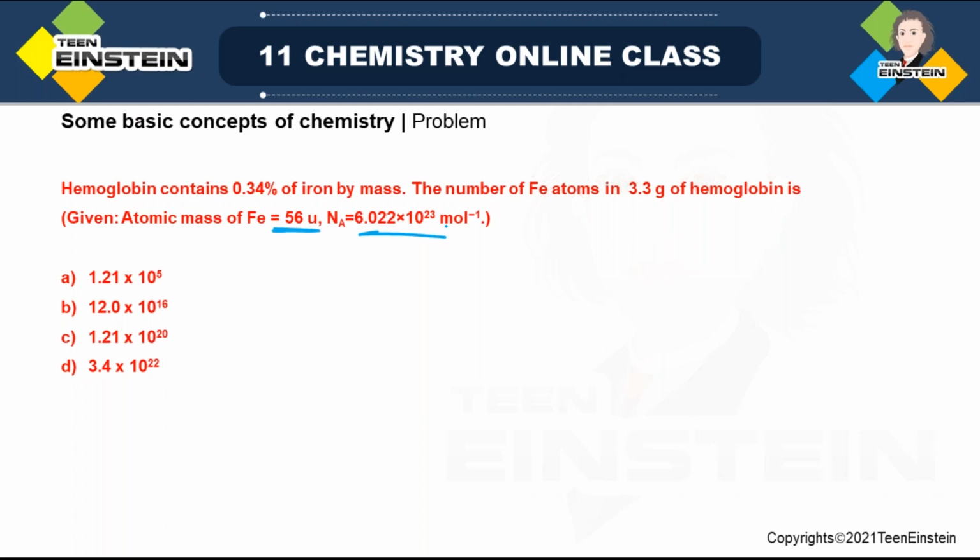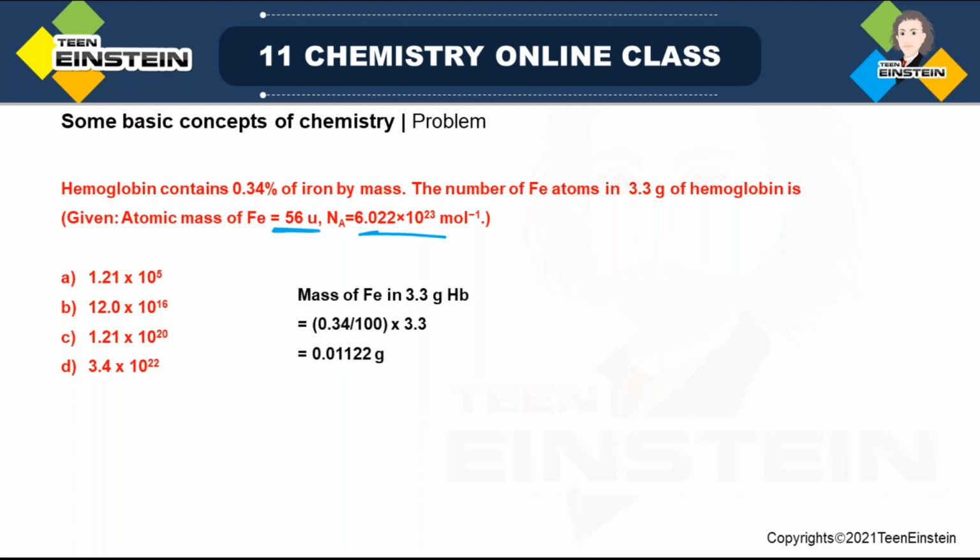From this information, you have to find how many iron atoms are present in this sample of hemoglobin. Fine. 4 different options are there. Obviously, as it is the number of atoms, the numbers are very high.